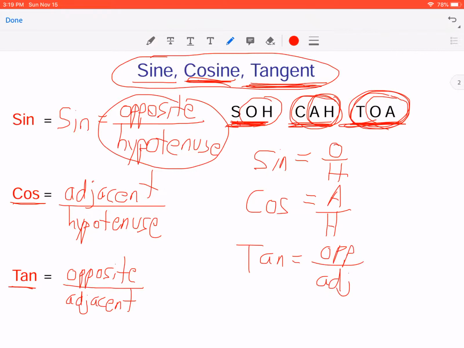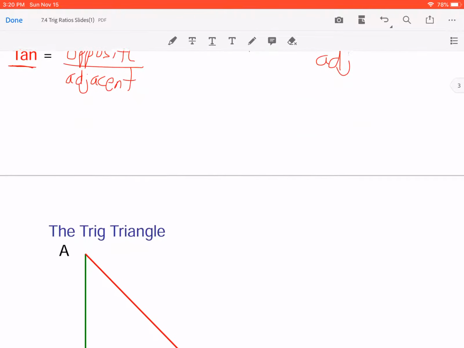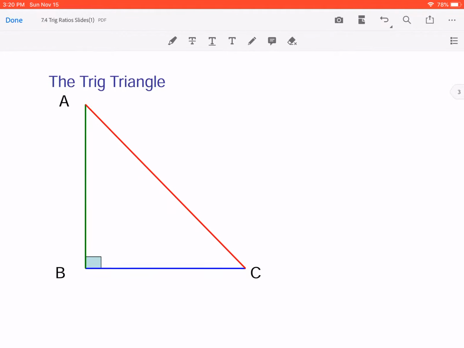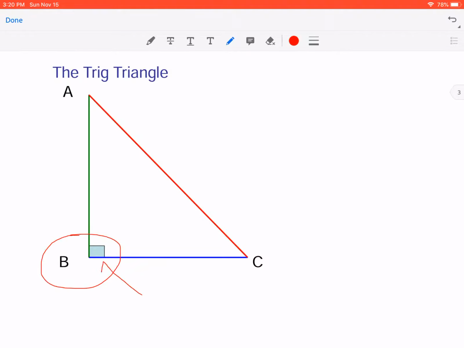All right? And again, if you get confused, you can go back and watch this video as many times as you like. All right, so we're still dealing with right triangles, but it depends on where you're standing at the triangle. This angle is 90 degrees. We know that. How do we know that? We see the box, the square right there. That one's 90. This angle we don't know.